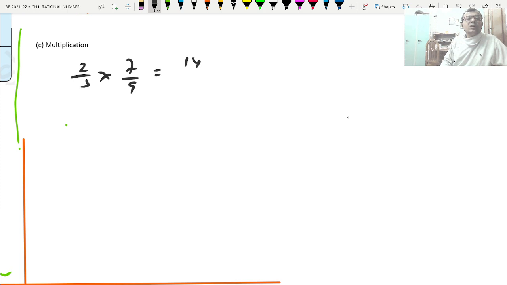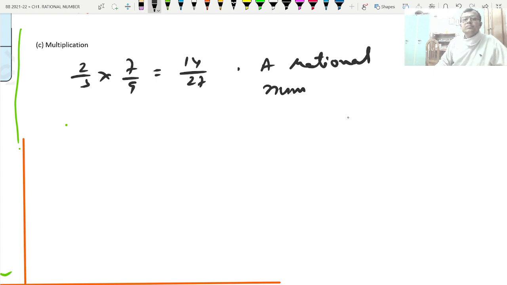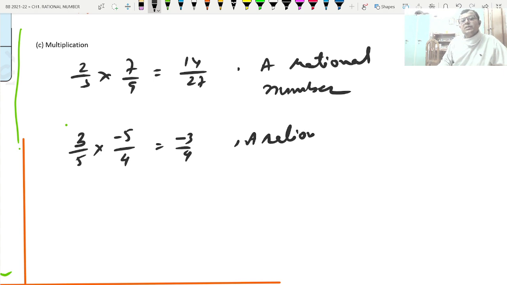So how much will it be? 14 by 27. Is it a rational number? This is a rational number. Similarly, take 3 by 5 into minus 5 by 4, suppose. So it will be minus 3 by 4. This is also a rational number.